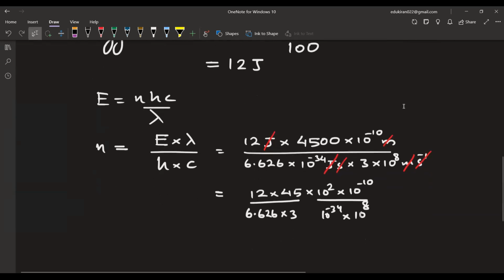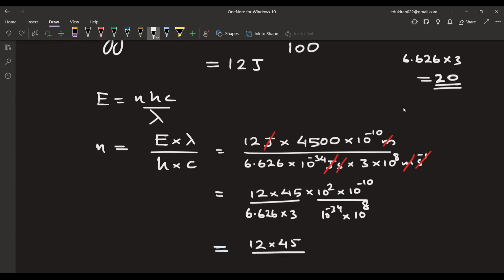Now, 6.626 into 3 is approximately 19.8, so you can write it as 20. Now this will be 12 into 45 divided by 20 into 10 to the power of 2 minus 10 plus 34 minus 8.